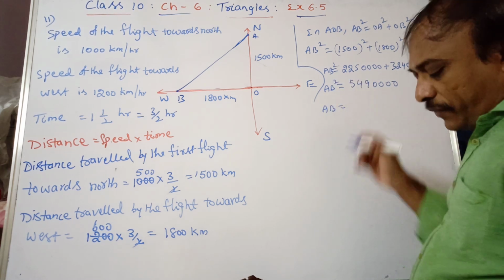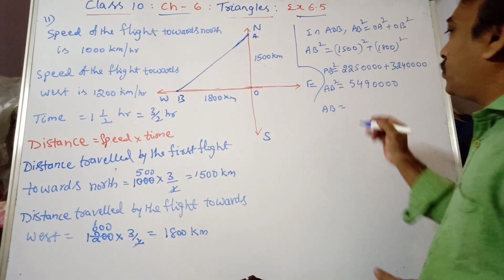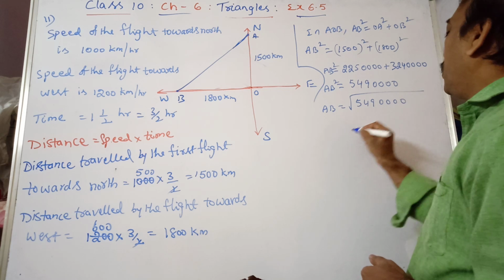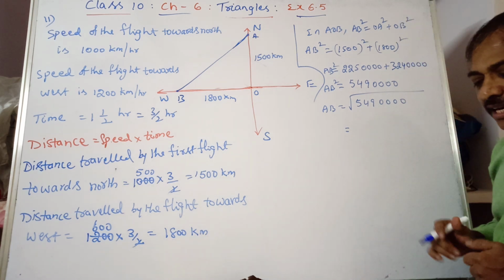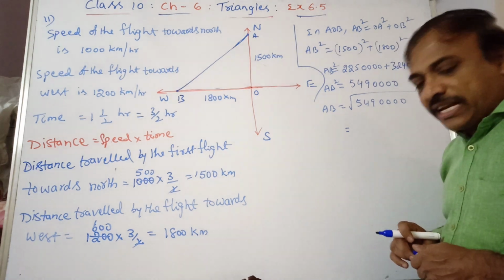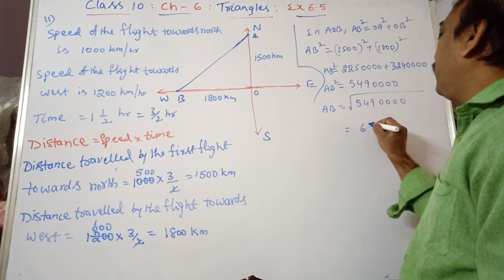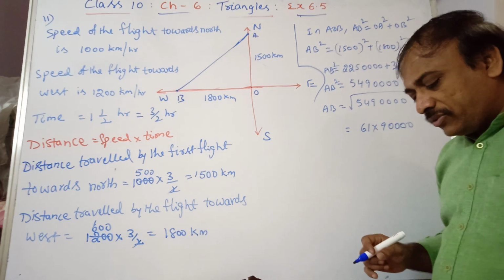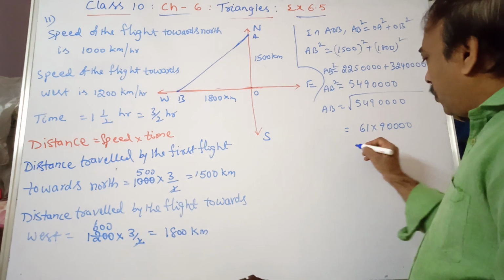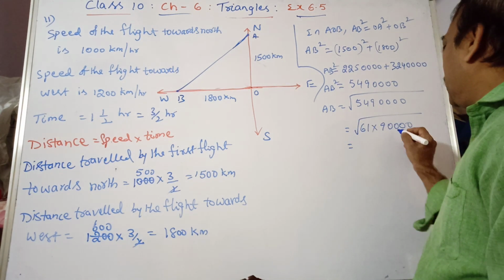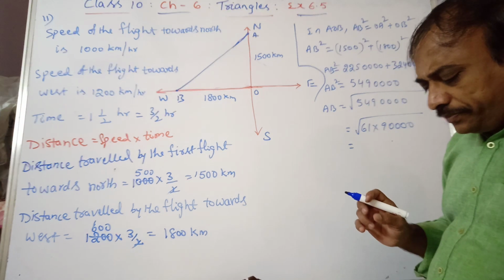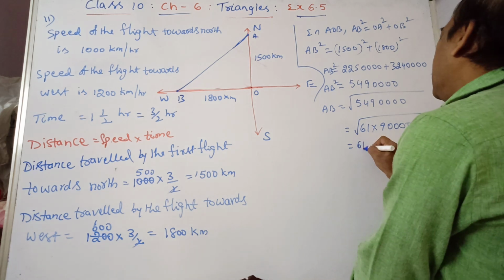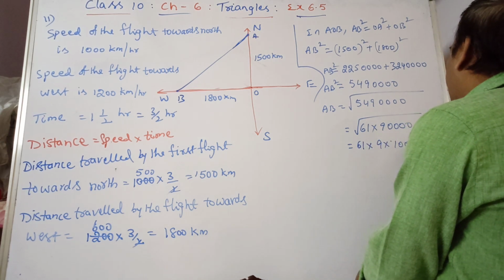Now AB is equal to the square root of 5490000. The easiest way is prime factorization. This can be written as 61 into 90,000, under the root. 90,000 you can write as 9 into 10,000.